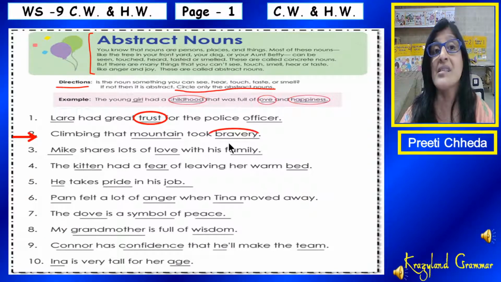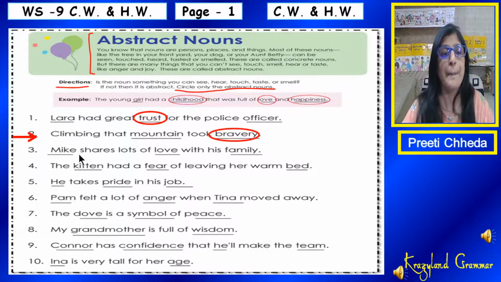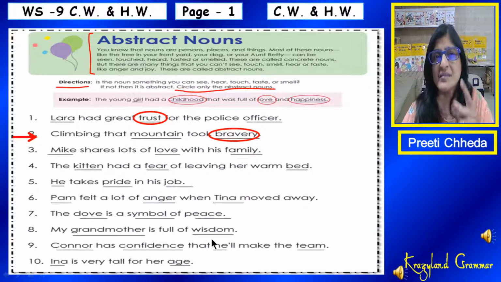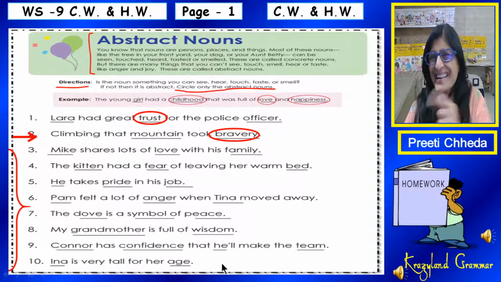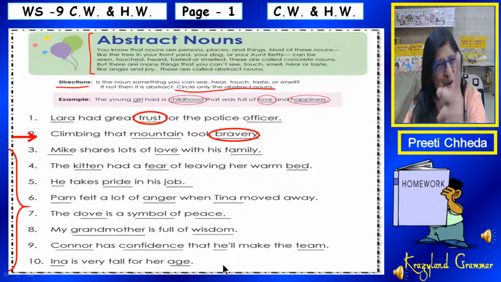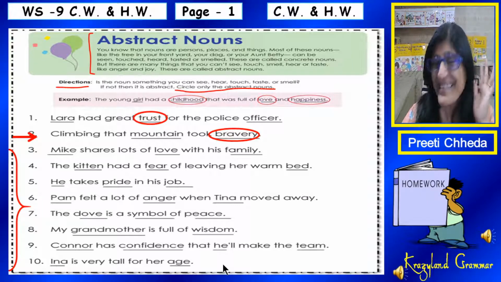No. The answer is bravery. Bravery is an abstract noun. It is a quality. Okay, now 3, 4, 5, 6, 7, 8, 9, 10 will be your homework. And can you do your homework on your own? Then say it loudly. Yay!